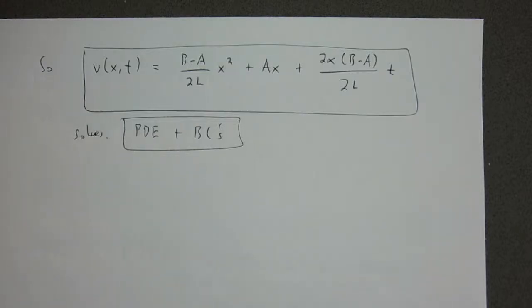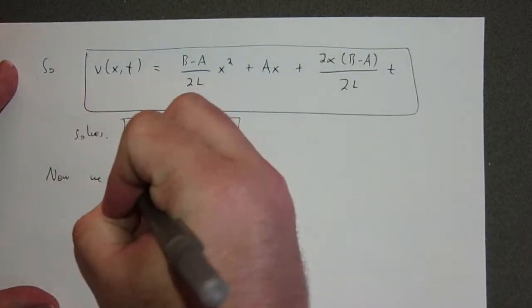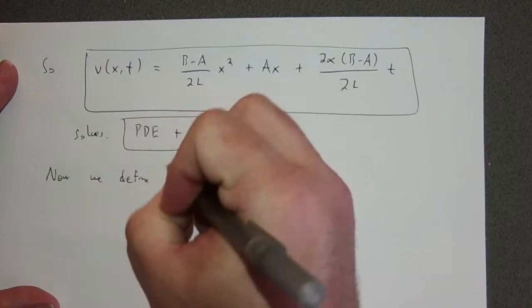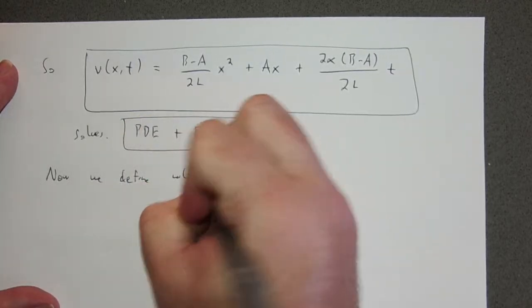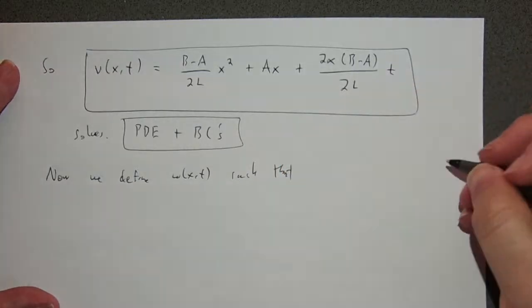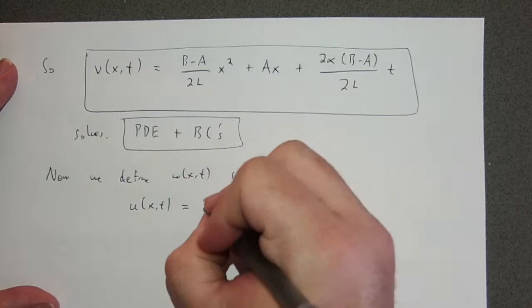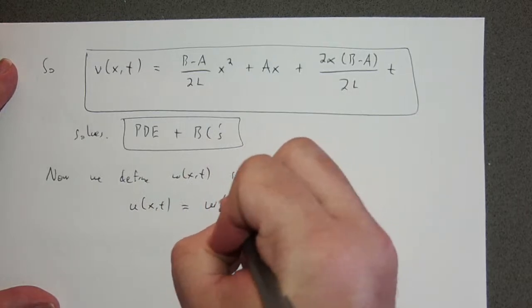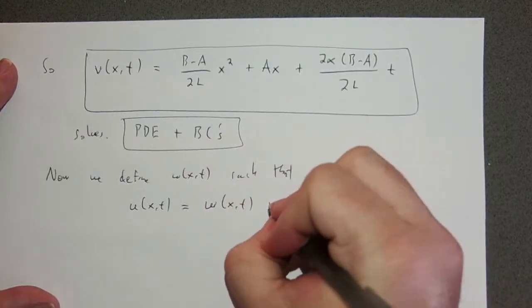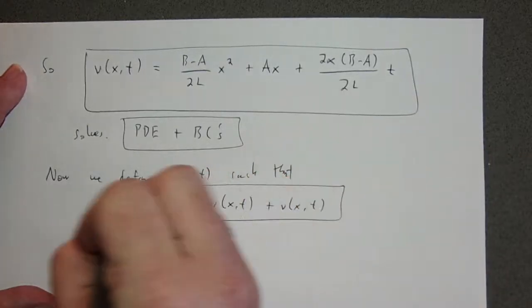Now we define w of x,t such that u of x,t is w of x,t plus v of x,t.